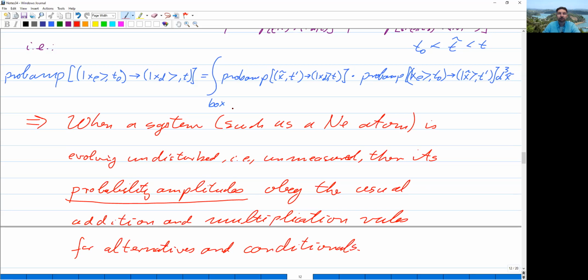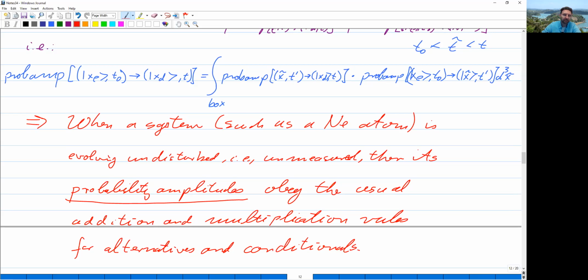Right? Because it's the same structure here, that it makes it to the intermediate point, and then from the intermediate point to the detector. That's a conditional probability. And we see here, you have to multiply the probability amplitudes to get that. And then there are many different alternative locations where the neon atom could be at the intermediate time, namely anywhere in the box.